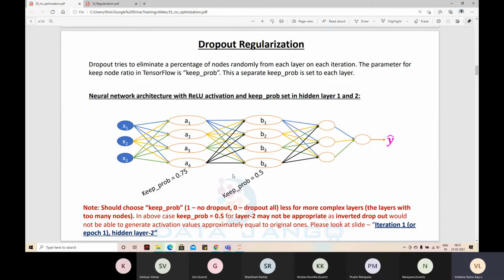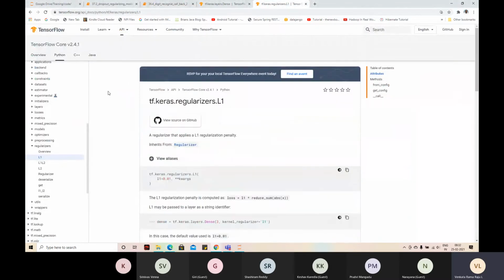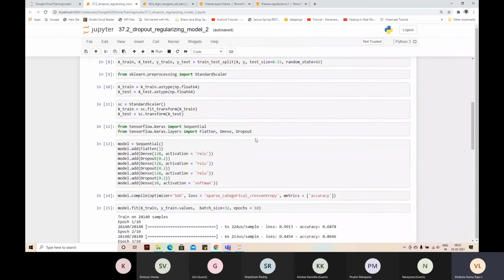I have taken keep prob here because initially, in theory, there used to be a parameter called keep prob, but now you have the dropout hyperparameter. Let me try the code, that's better.